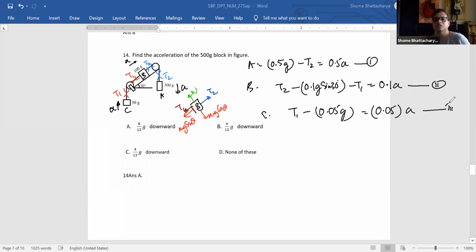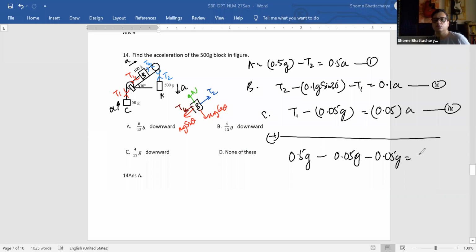Now solving this is very simple. You just have to eliminate T1 and T2. So add the equations. Add all three equations. So T2, T2, T1, T1 get cancelled. So you get 0.5 g minus this term will become 0.05 g, because sin theta is 1 by 2, minus this one, which is 0.05 g again, will become on the other side (0.5 plus 0.1 plus 0.05) a.